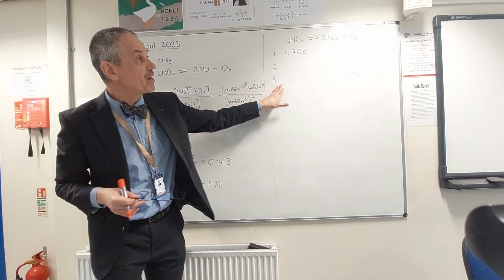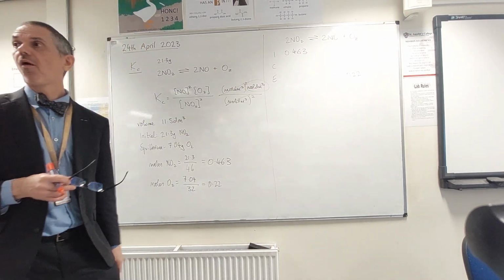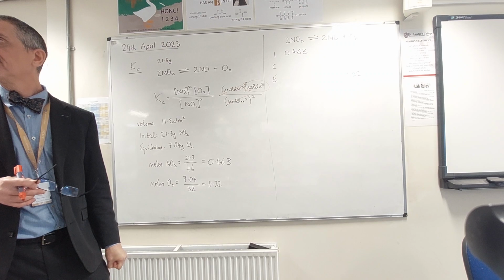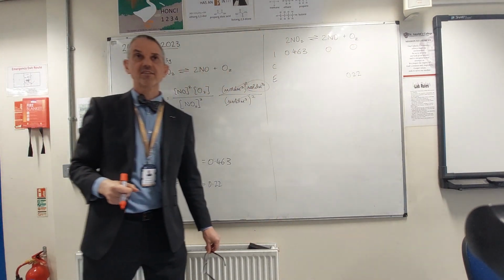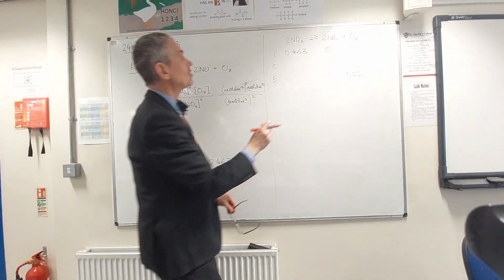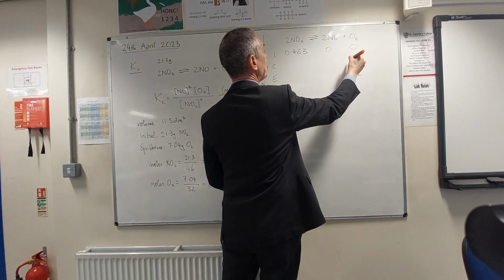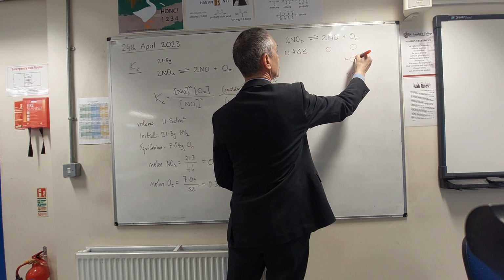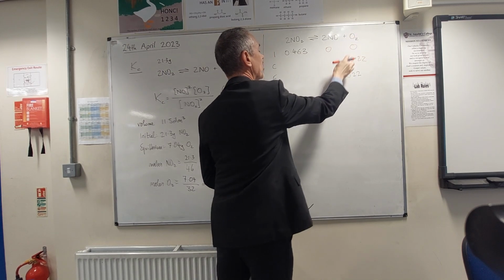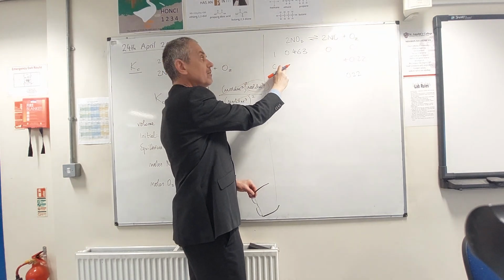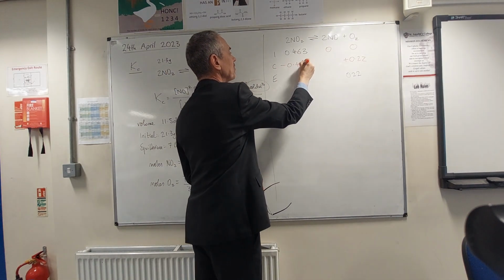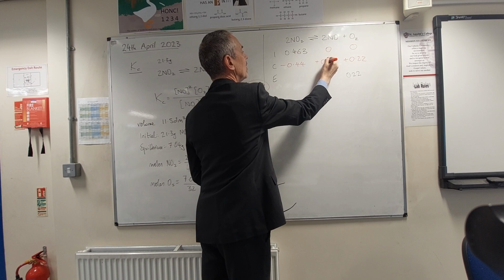What else can I fill in on my ice table? I can put zeros up there for the products, since we didn't start off with any. If the oxygen has gone up by 0.22, then the NO2 must have gone down by 0.44, and the NO must have gone up by 0.44.